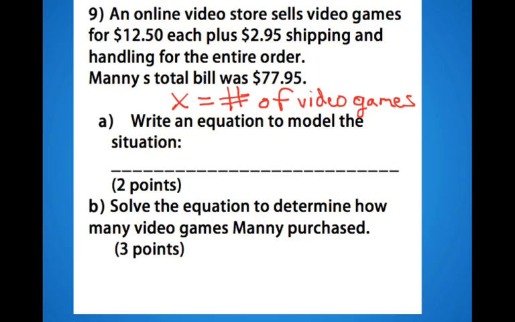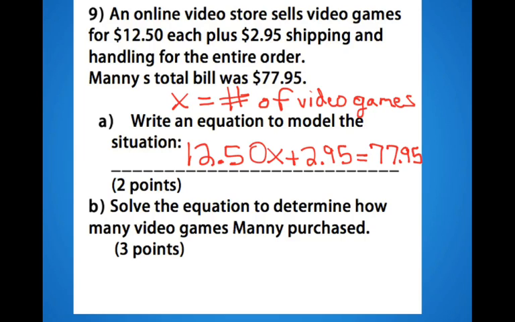It sounds like it's $12.50 per video game, so $12.50 times X plus the shipping, so that's going to be $2.95, and then that's supposed to equal the total bill, which was $77.95.